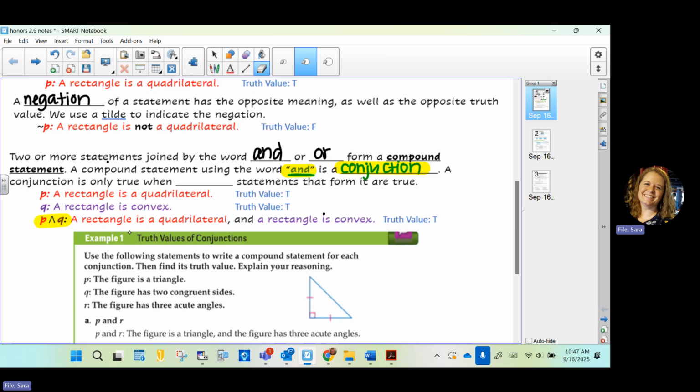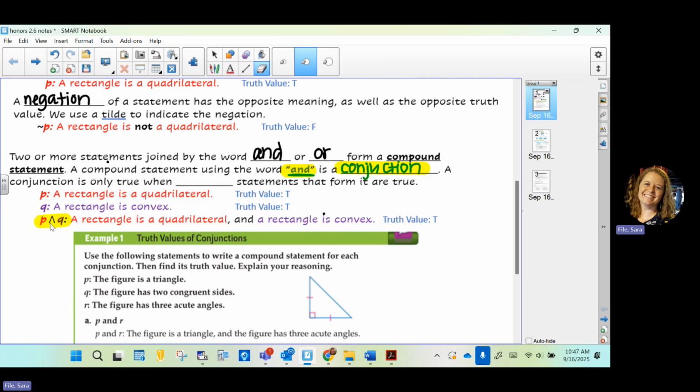So a rectangle is a convex shape. A star is a concave shape, as you know, like the vertices of a star go in. There's in and out, but parts of it are concave. So these are our two statements, P and Q. Individually, both of these are true, so they each have a truth value of true.